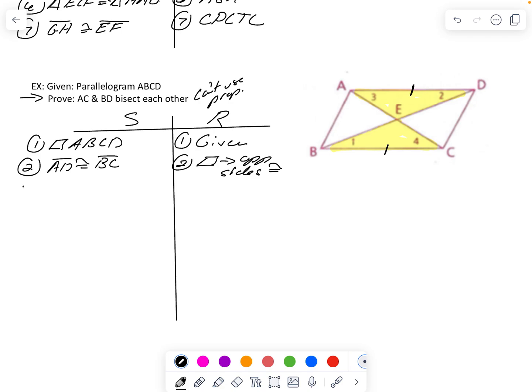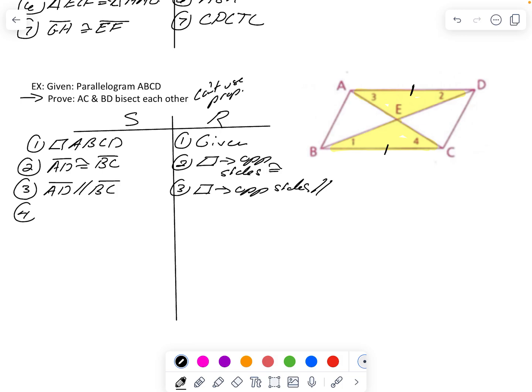But we need to say something about those angles too. And to get at those angles, just like the last problem, we need parallel lines. So we're going to say AD parallel to BC, because if you have a parallelogram, opposite sides are parallel.